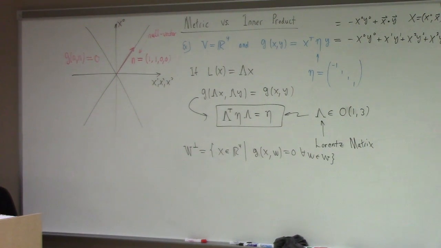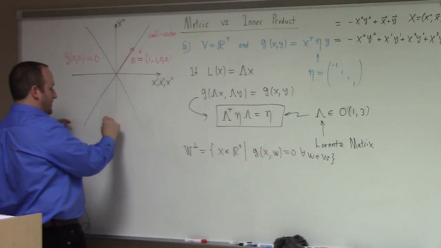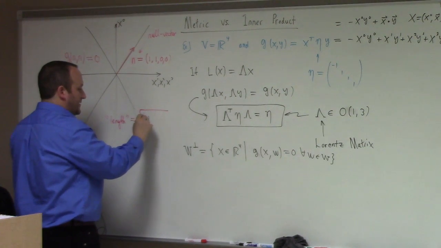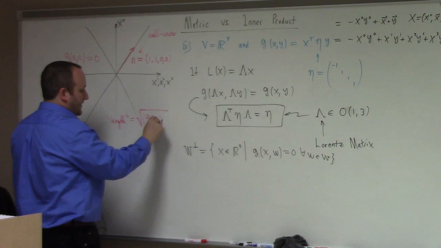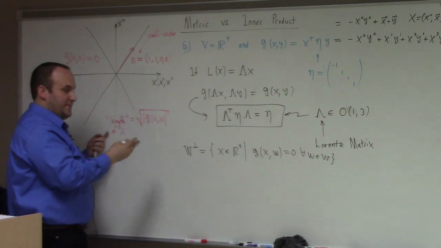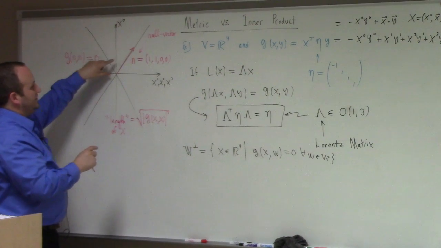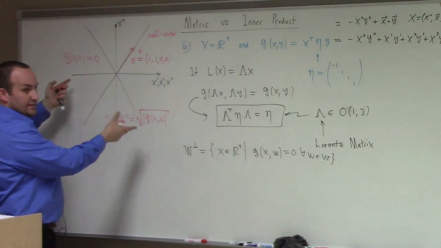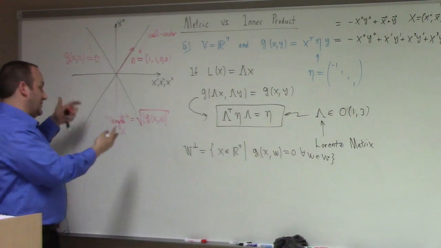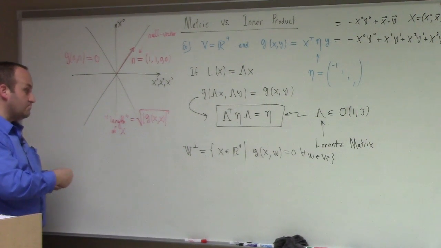You'd like to define the length of a vector here. You could say, quote unquote, length is equal to the square root of the absolute value of g of xx. But you have to be aware that whatever I call length is a little bit weird, because I have these vectors which are non-zero and yet have quote unquote 0 length. What's the deal with that? Well, it's not length as you understand it. You can call it length if you want, but it's not quite accurate, at least if you're going to link it up with your ordinary usage of the word.